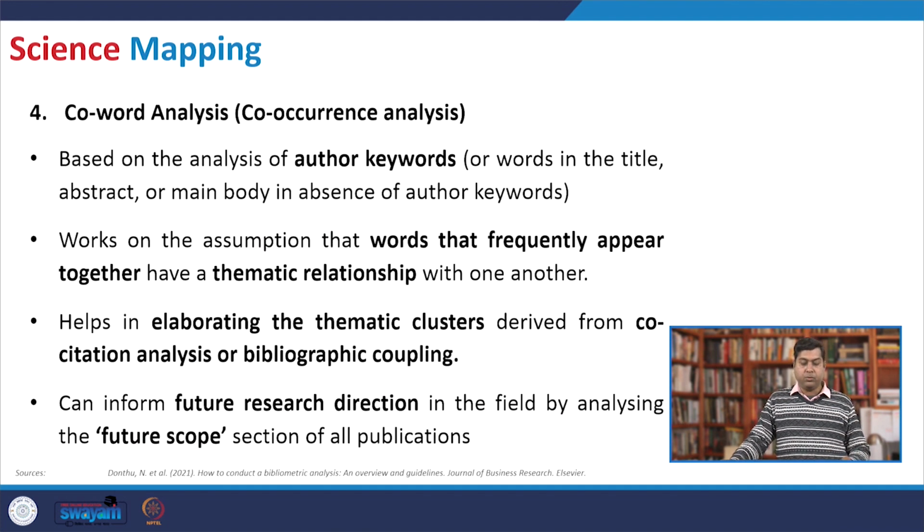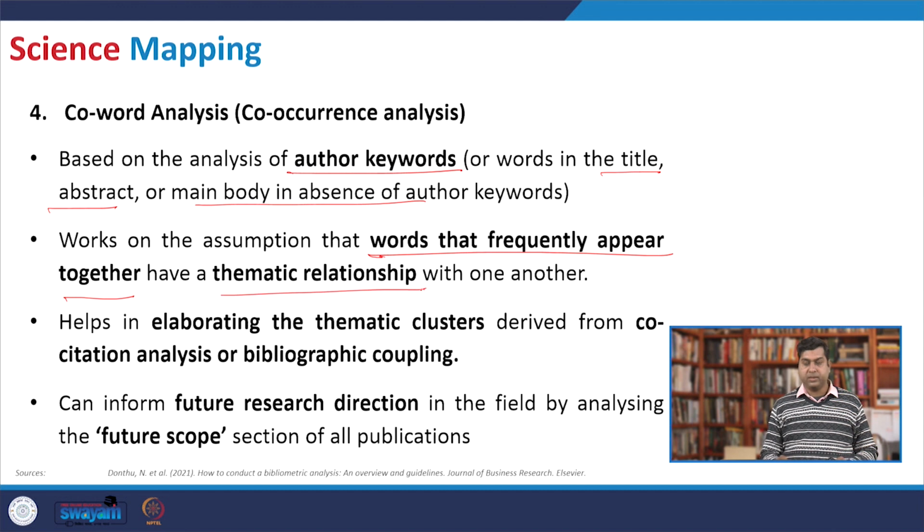Now, coming to co-word analysis, or co-occurrence analysis. Here we do the analysis based on author keywords, and on the wording in the title, abstract or main body. It works on the assumption that words that frequently appear together have a thematic relationship.